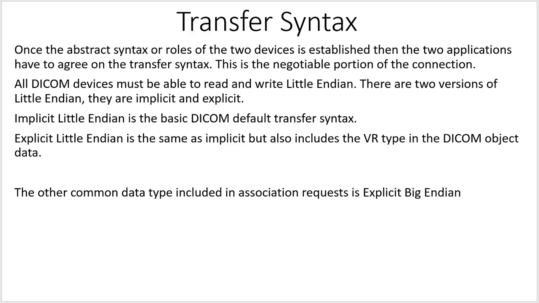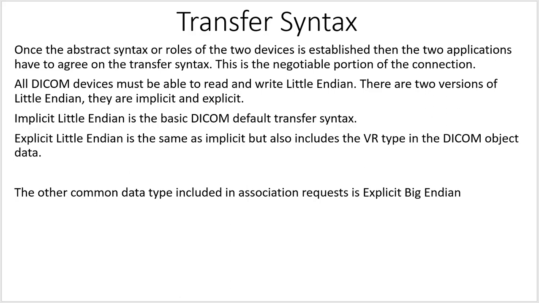Well, you could use the VR type included in the DICOM object to say, if you get a study from Hack ERCT, send that to the ER radiologist. That's how that magic happens. But to make that work, the transfer has to happen in explicit Little Endian. If it's done in implicit Little Endian, it's not going to work.